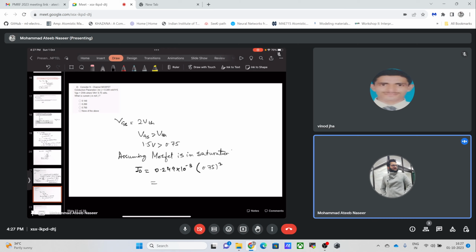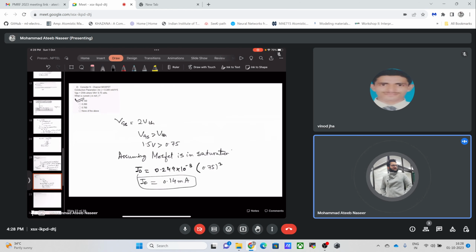It is 0.75 into 0.75 into 0.249. It comes out to be equal to 0.14 milliampere. So this is the value of this current. This is the ID. A simple problem.